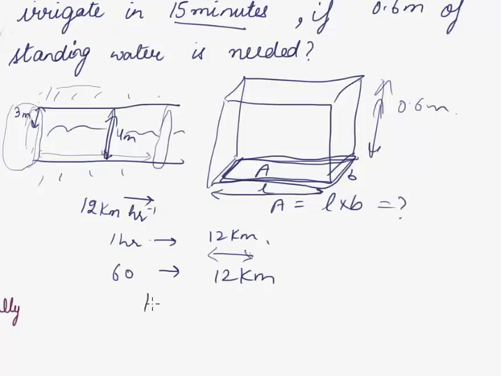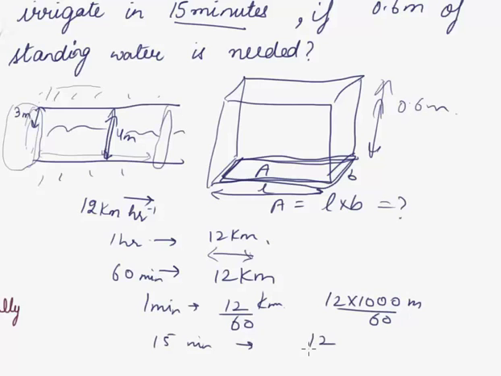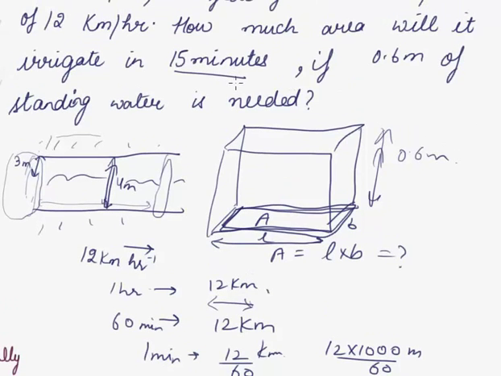So in 1 minute it will cover 12 by 60 kilometers, or 12 into 1000 over 60 meters. That is, in 15 minutes it will cover a length of 12 into 1000 over 60 into 15 meters. So we are utilizing 15 minutes from this canal.